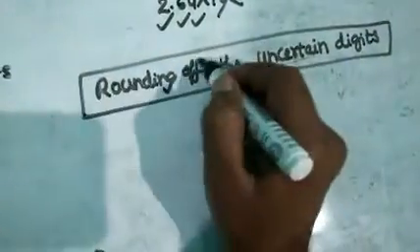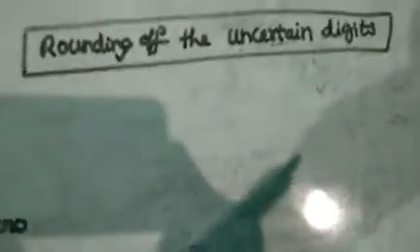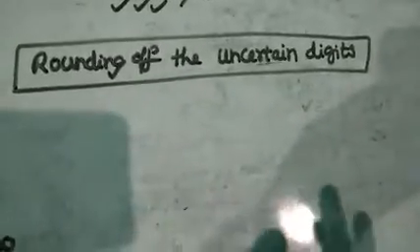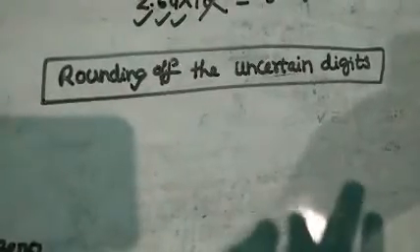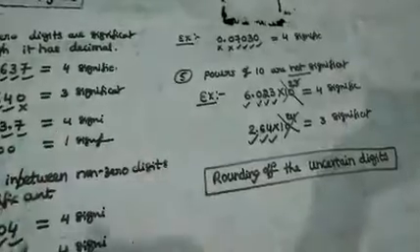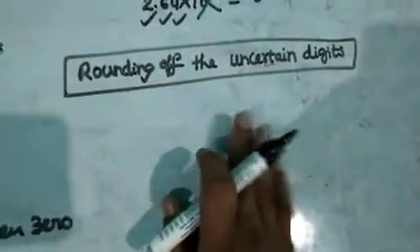What is this rounding off? Rounding off means approximately we are writing the given number using significant figures. To understand this concept, you have to keep the significant figures concept in mind. If you forget significant figures, rounding off also mushkil aapka.